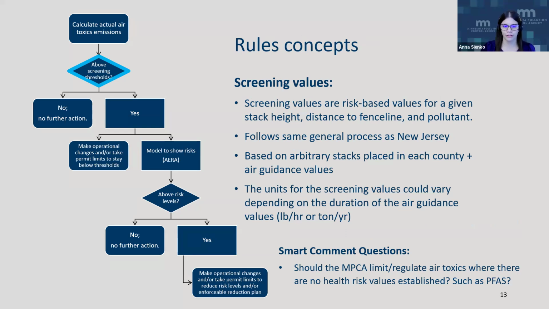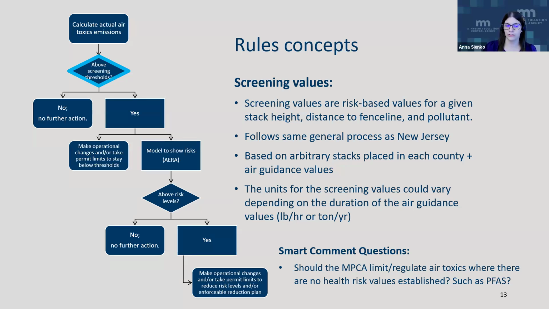So the screening thresholds are risk-based values that are different for every given pollutant, stack height, and distance to fence line. Screening values are calculated using air dispersion modeled concentrations and health risk values. The health risk value is divided by the model concentration to give a value per stack height, distance to fence line, and pollutant. We are looking at pollutants that have health risk values associated with them.